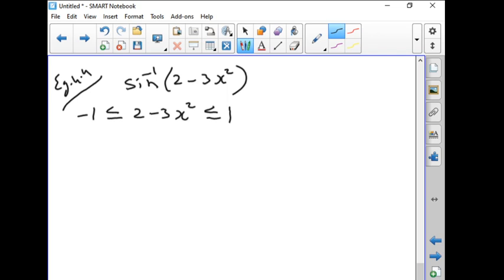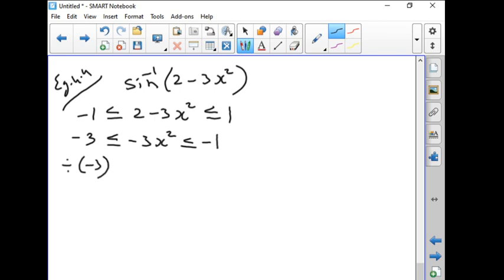To remove 2, what do we do? We subtract 2 throughout. Then minus 2 minus 1 is minus 3, less than or equal to minus 3x square, less than or equal to 1 minus 2, which is minus 1. Now divide throughout by minus 3.